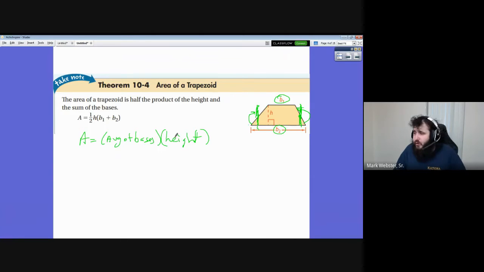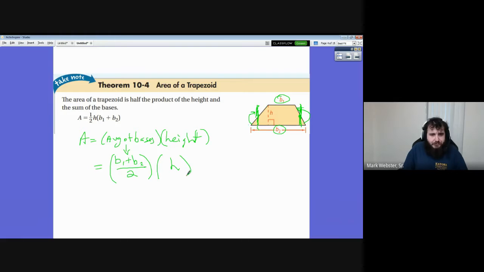Because that's what you're really doing, right? Remember, the average is you add them up and then divide by the number of things that you added up, right? So average of the bases, right? Times the height.